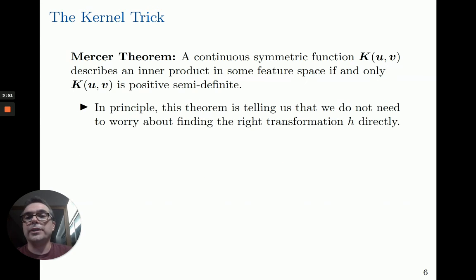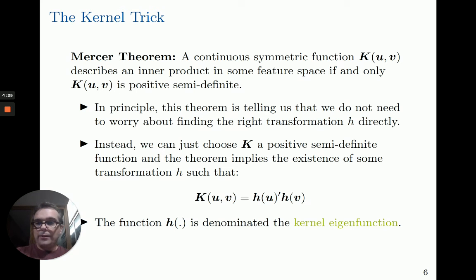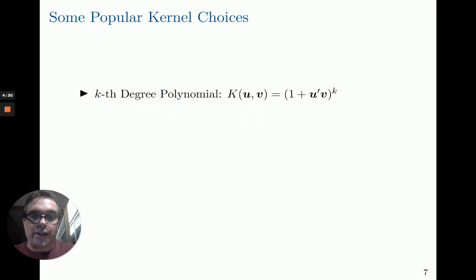There is a theorem called Mercer's theorem that says that a continuous symmetric function k of u and v describes an inner product in some feature space if and only if k is positive definite. So in principle, the theorem is telling us that we do not need to worry about finding the right transformation h directly. We just need to specify the kernel, and the kernel will be the inner product of this function h evaluated at two points.